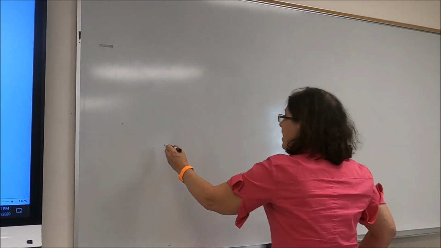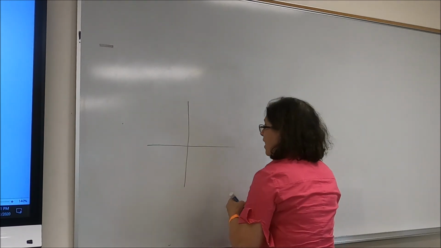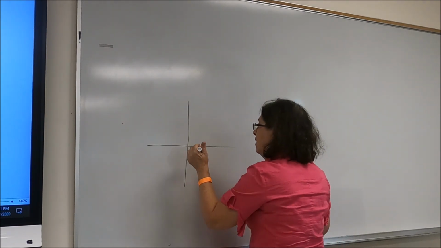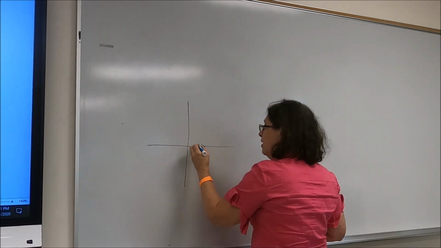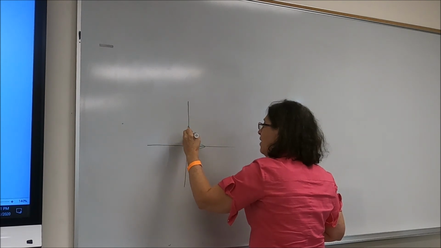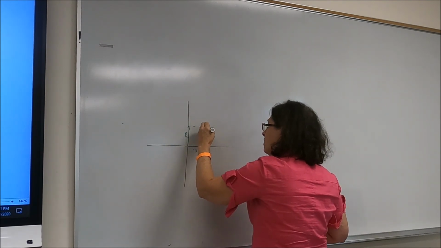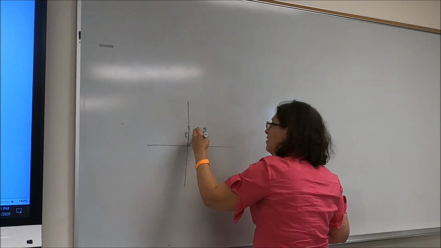Okay. So, let's say I have one vector that's 3 units here and 5 units here. So this is the sum vector.